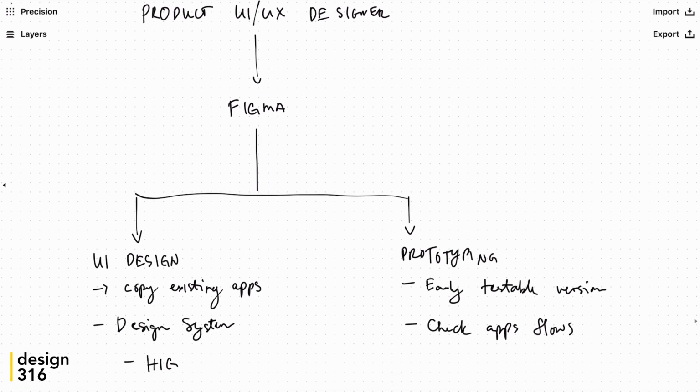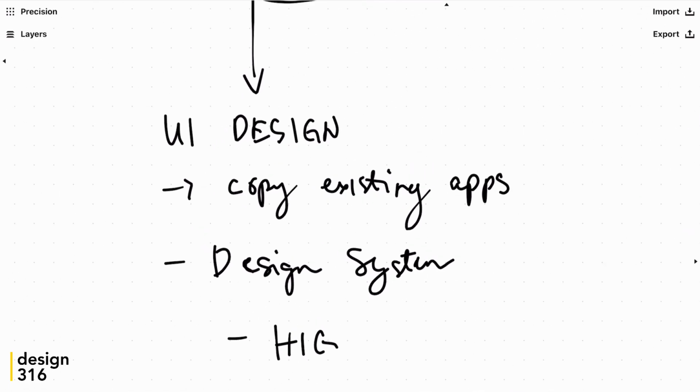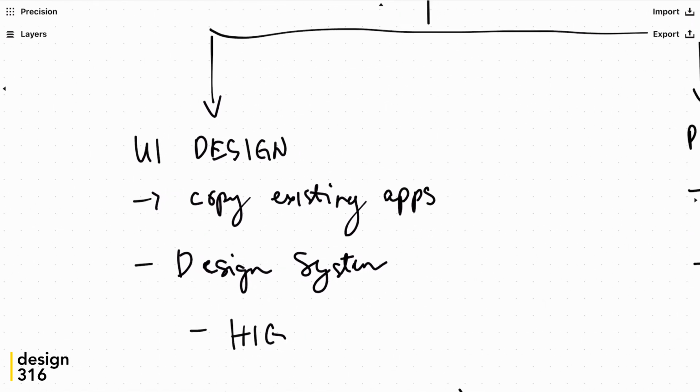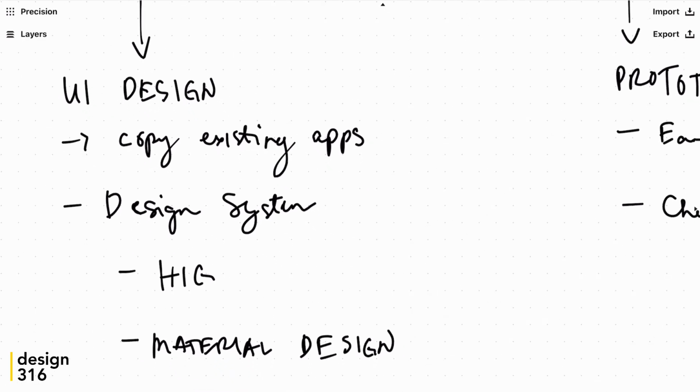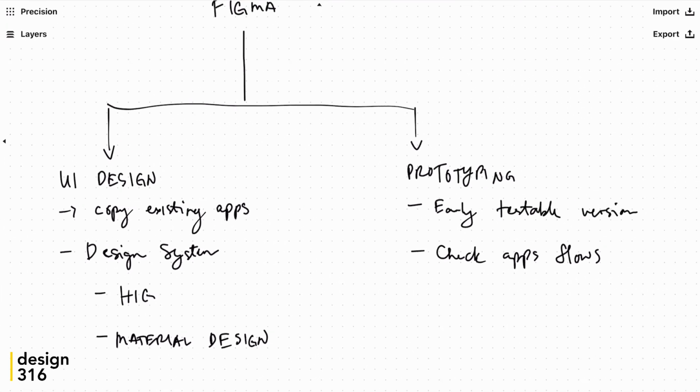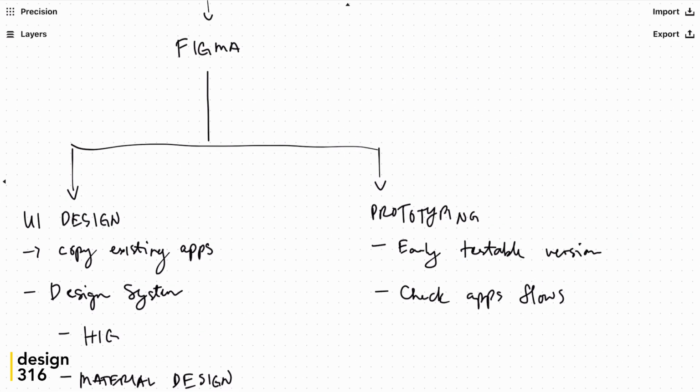And then under Figma, try to achieve this goal of solidifying your UI design skills by copying existing app UIs, understanding what design system is, familiarize yourself in HIG or Apple Design System and Material Design System. And that's for UI design.